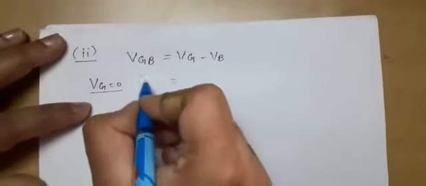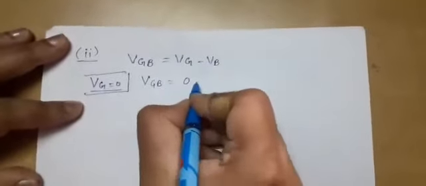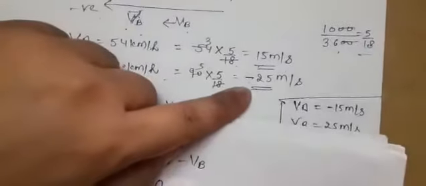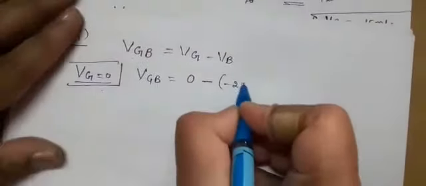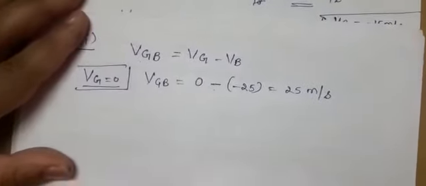So here you can take VGB is equal to 0 minus. As per the previous concept, the direction we have taken to be negative, so minus 25. So here it will be minus, minus 25, that is plus 25 meter per second.